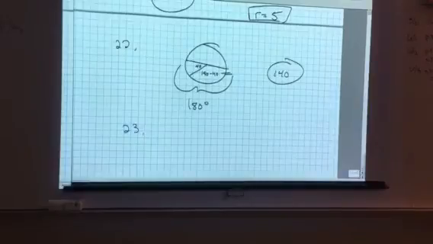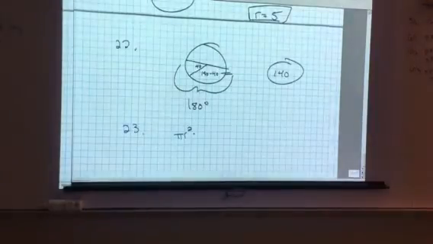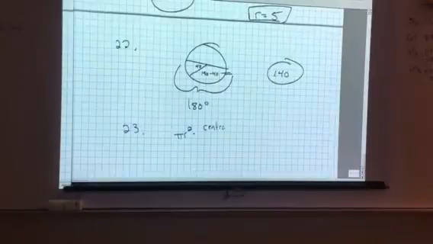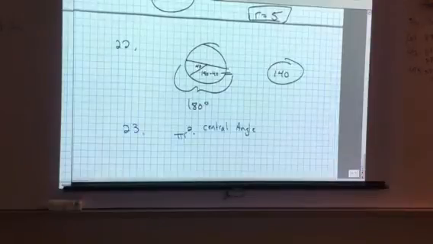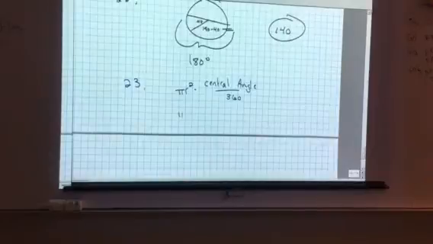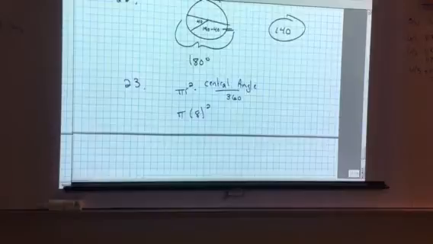23. Find the area of the shaded region. We're going to use area of a sector formula, which is pi r squared. You take the area of the whole circle, and then you just multiply it by the percent you want, which is your central angle divided by 360. So in this case, it's going to be pi times 8 squared times 40 over 360.